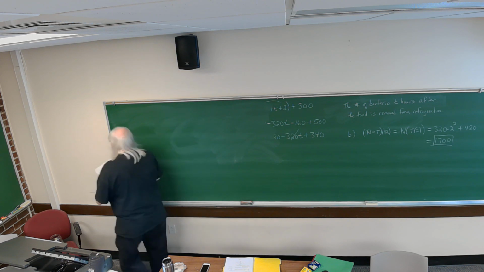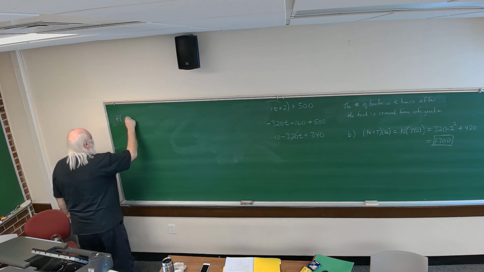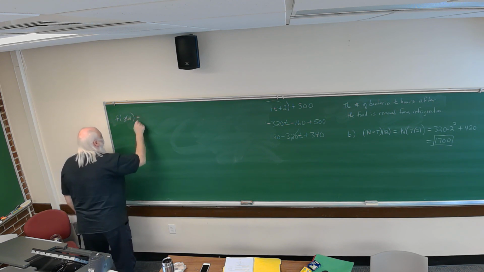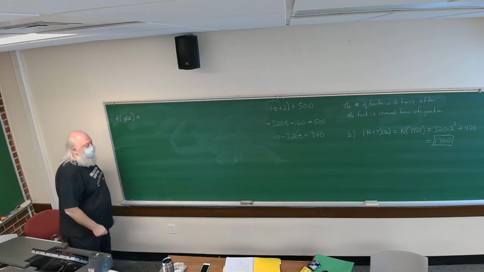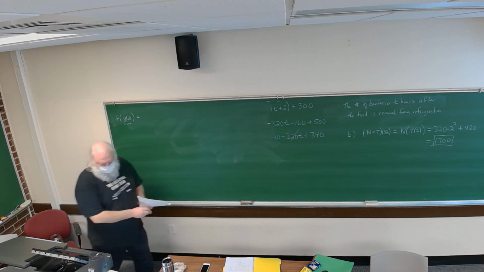So in A, we've got to find f of g of 2. The first step is to replace g of 2 with what it's equal to, right?